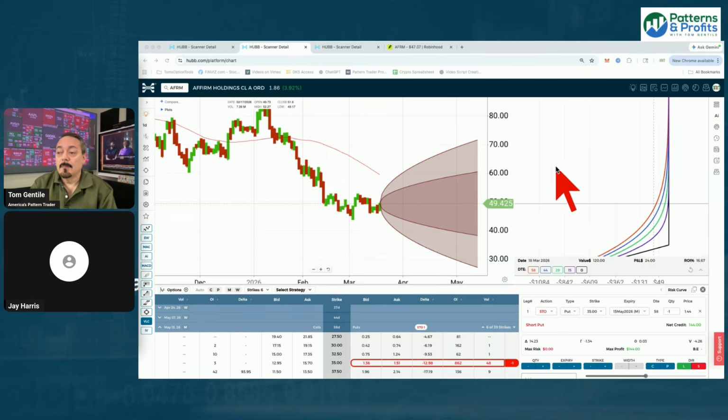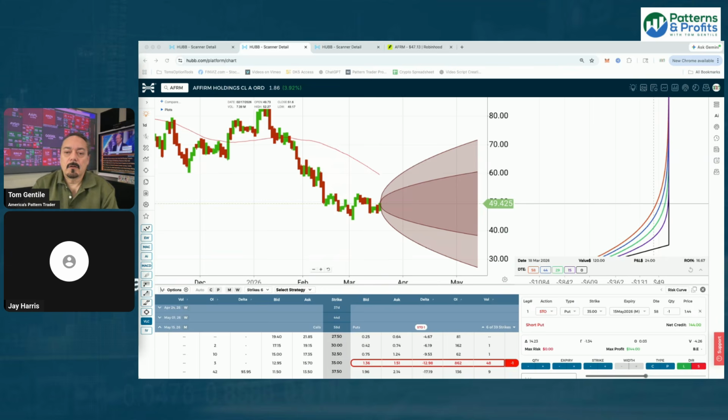Okay, on the put side, the question I ask myself is: is the put strike I'm selling below support? The answer is yes. So the May 35 puts are below long-term support.